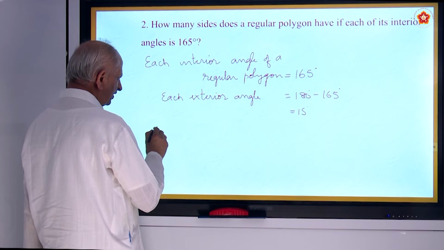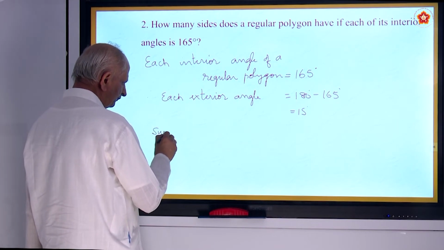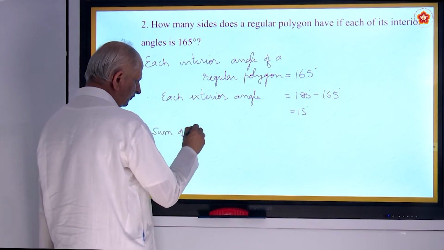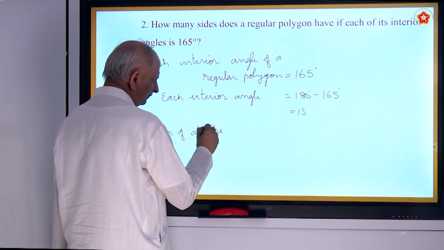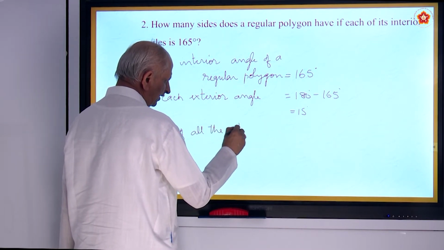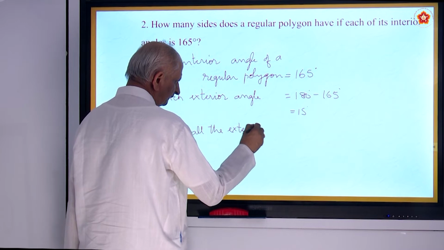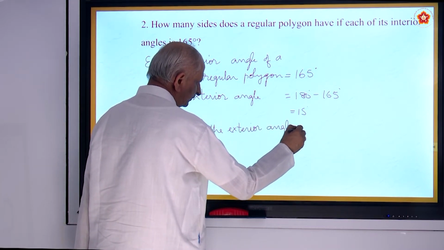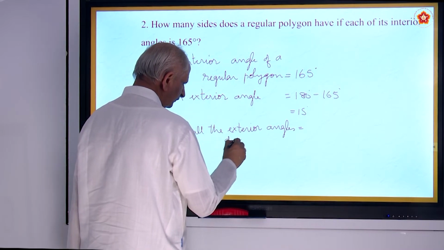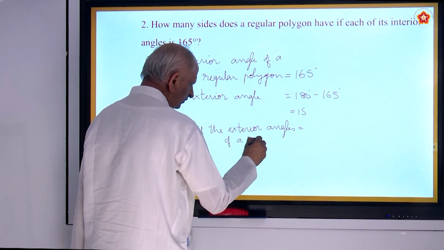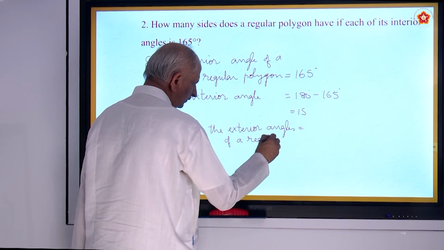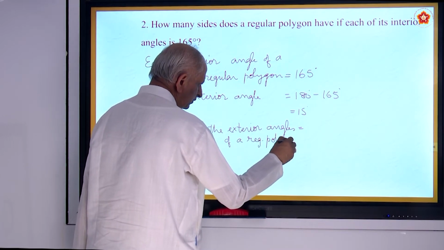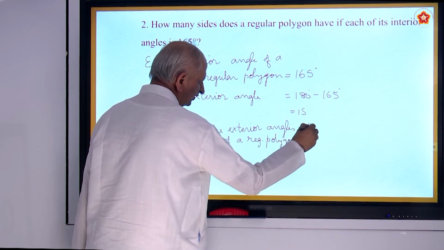So what is the sum of all the exterior angles? Sum of all the exterior angles of a regular polygon is equal to 360 degrees.